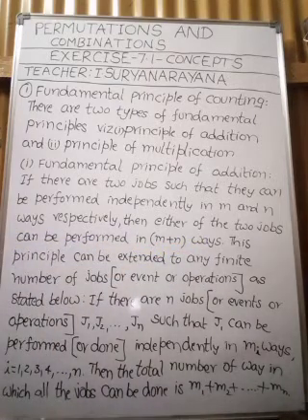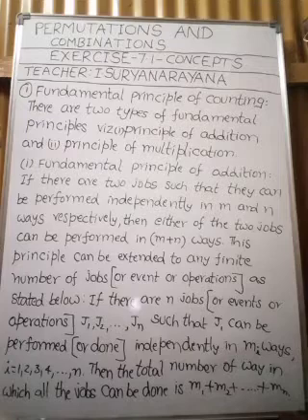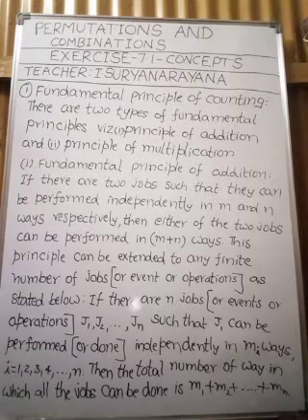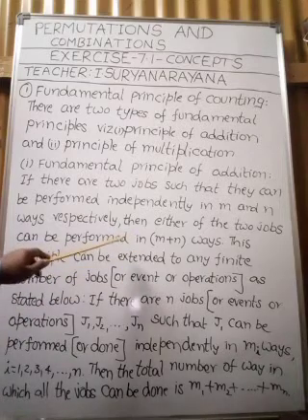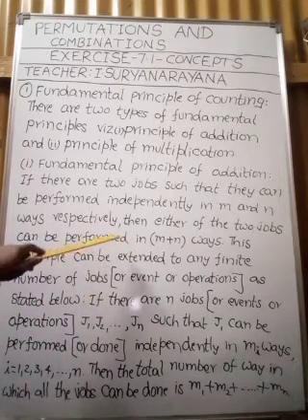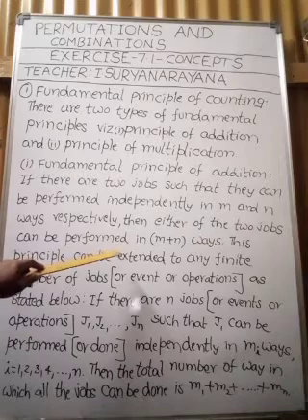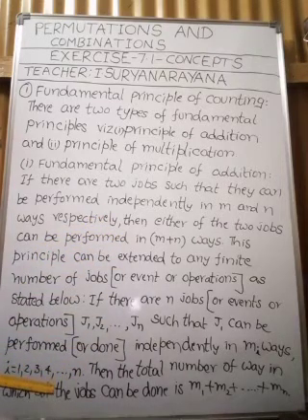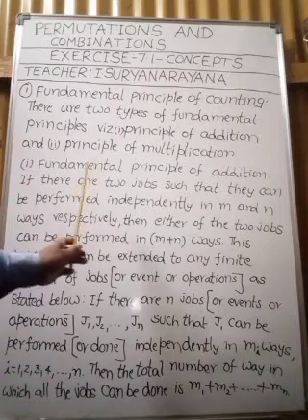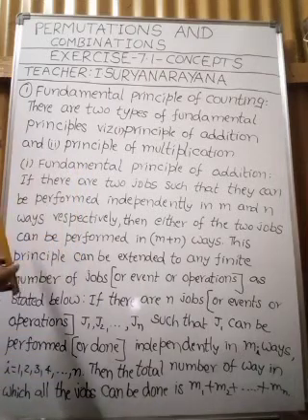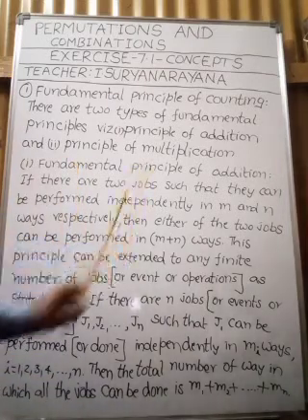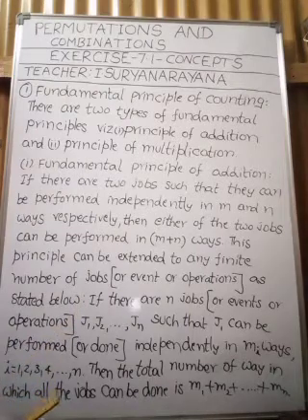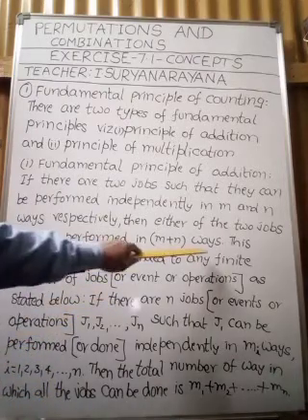In the first example, understood that point? Example, my children, 5 ways we have counted. So the total number of ways the two jobs can be performed, either of the jobs, either exit from the left side or from the right side, any one of the two jobs, is m plus n ways.